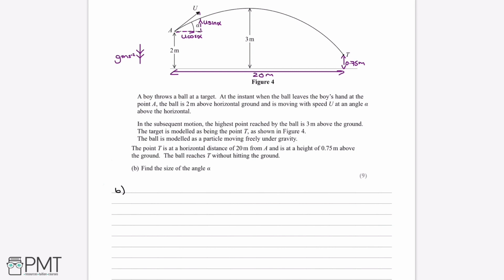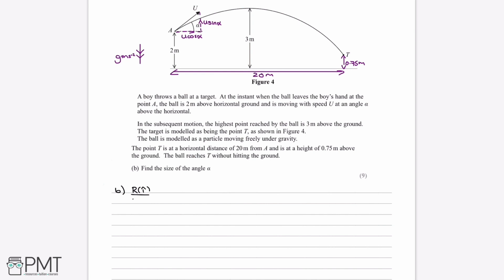One way we can form a simultaneous equation in this kind of context is to resolve vertically and then horizontally, giving 2 equations with very similar terms that we can equate or substitute into one another. First, we resolve vertically upwards, but now between A and T, as opposed to A and the highest point.